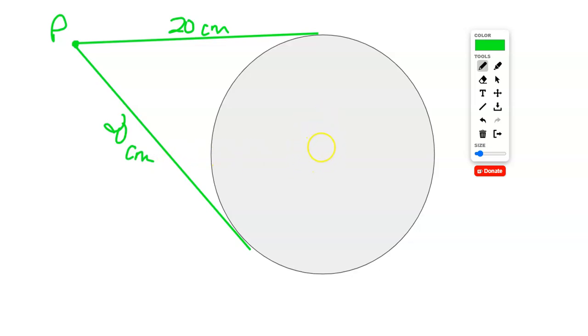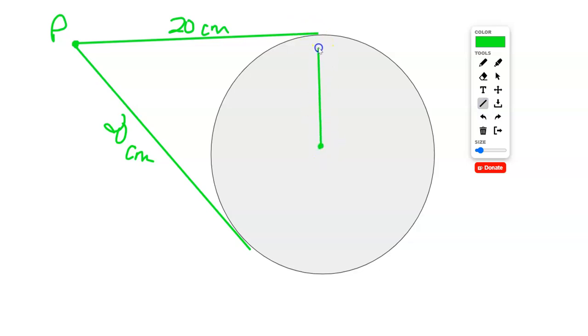And then again, remember, wherever they touch a radius, they're going to make a right angle. Same thing with the other one. Wherever it touches a radius, right angle. So those are two things you need to know.